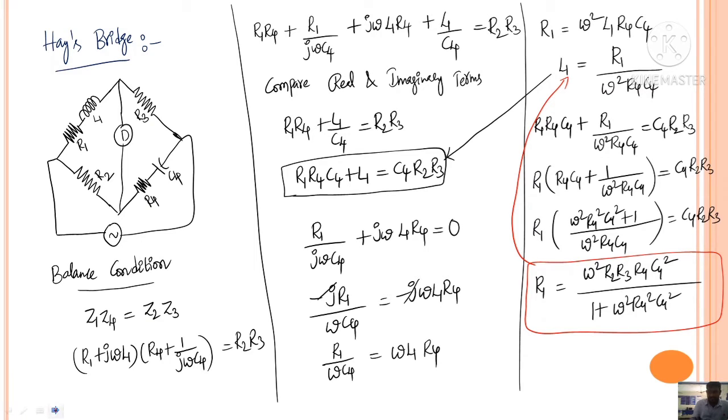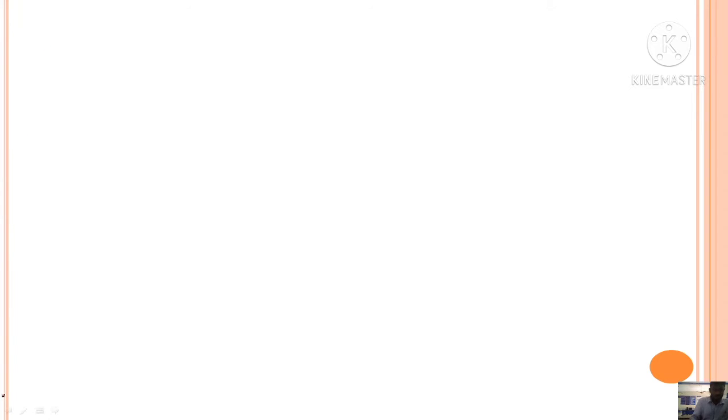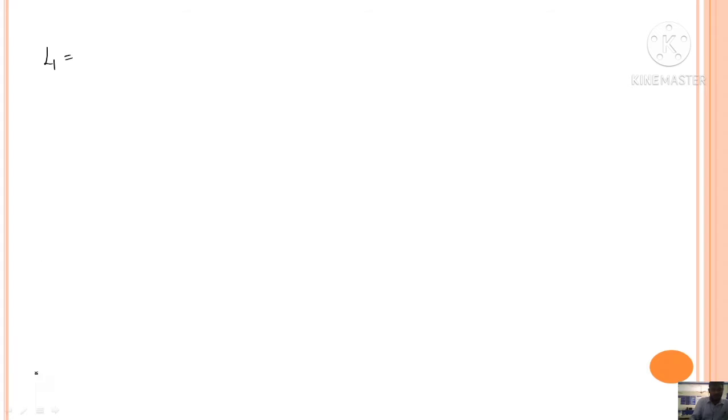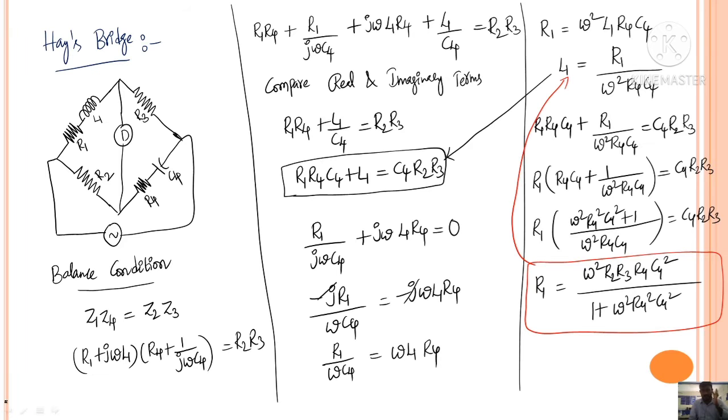let me take another page. Now L1 is equal to, first I will write the denominator as it is.